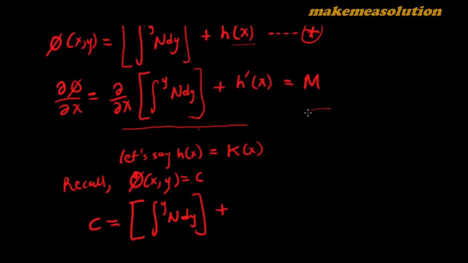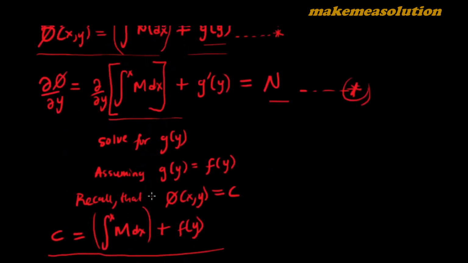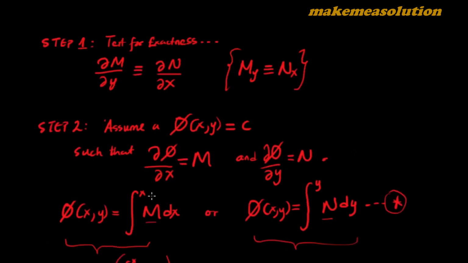Since we determined the value of h of x from this point, we'll get k of x. Yeah, that pretty much does it. So this is going to be your solution. If you solve this, you will get the answer that you are looking for. You get the primitive form that actually gave birth to this differential equation over here.